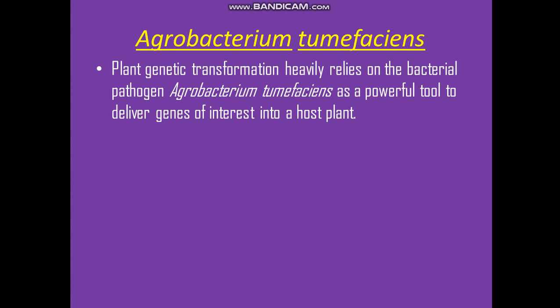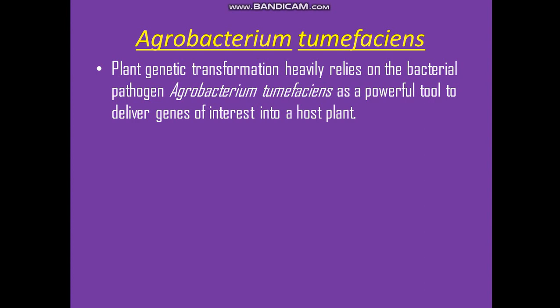Plant genetic transformation heavily relies on the bacterial pathogen Agrobacterium tumefaciens as a powerful tool to deliver a gene of interest into the host cell. If we incorporate our gene of interest into Agrobacterium tumefaciens, it will automatically go and combine with the host DNA.